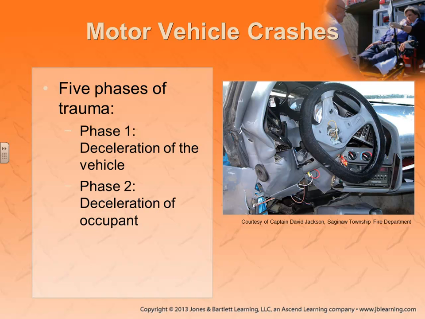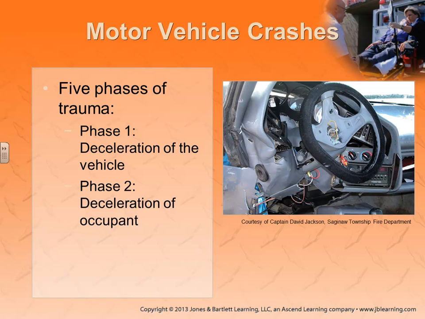You've got your phases of trauma. Phase 1 is the deceleration of the vehicle. Phase 2 is deceleration of the occupant. Does the occupant and the vehicle stop at the same time? No. Alright? Phase 1, the vehicle strikes another object and is brought to an abrupt stop.